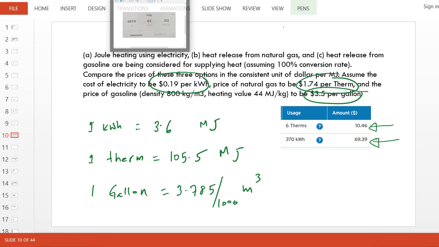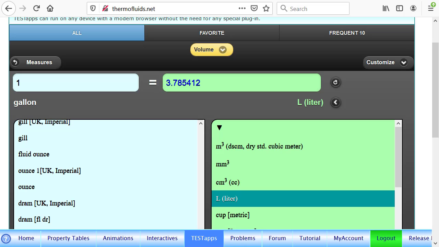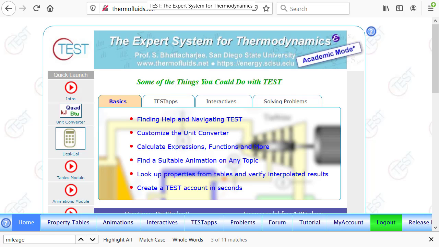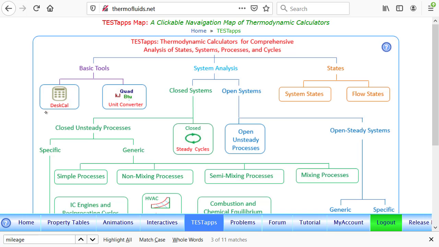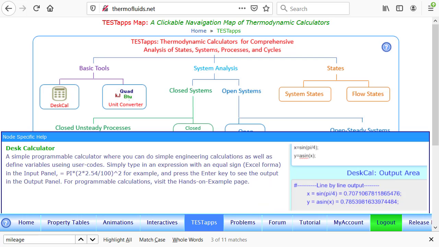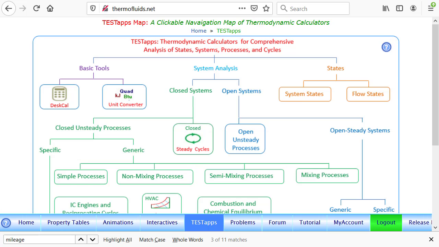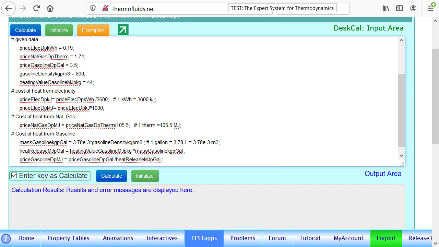To do so, you know how to launch the DeskCal, it is right here. I have already launched it in another tab and also written the test code to solve the problem. Let's go over the code and you will see how intuitive the program is. So first, the given data. The price of electricity is given in dollar per kilowatt hour.